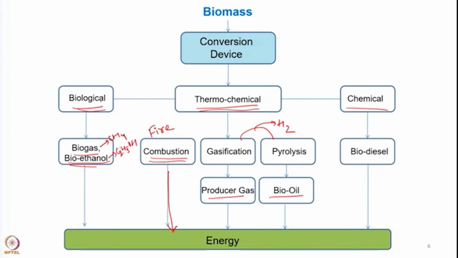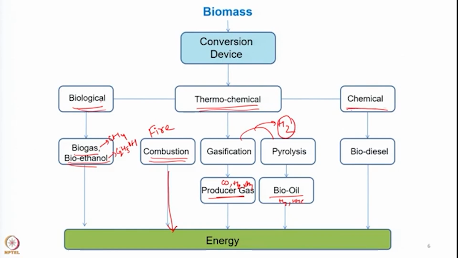These are intermediates you can use as a source of energy. Here, producer gas will have carbon monoxide, hydrogen and methane, and bio-oil will be a mixture of hydrogen and many higher hydrocarbons. We will discuss in detail this gasification and pyrolysis process, which gives us the hydrogen we can harness.